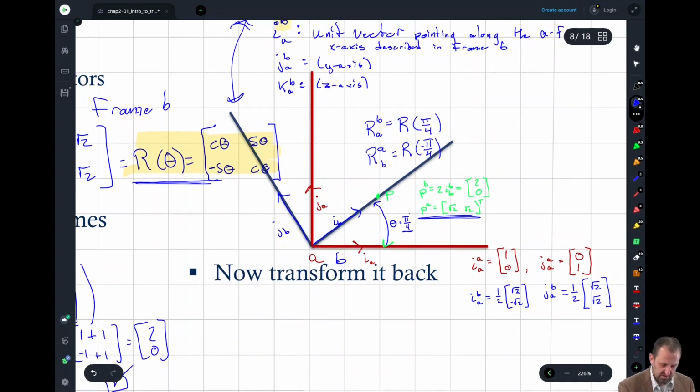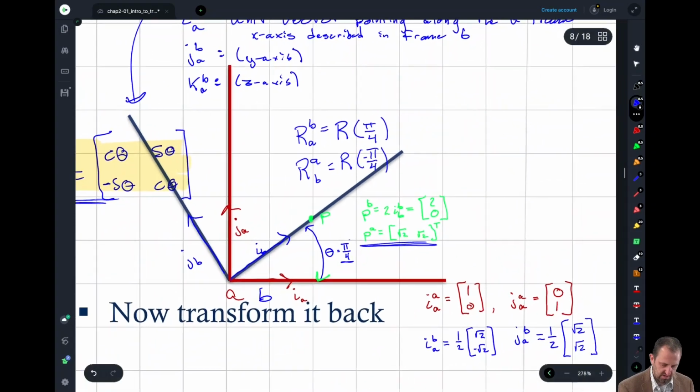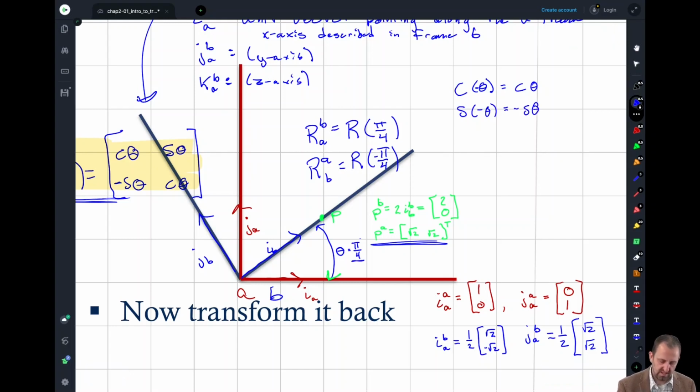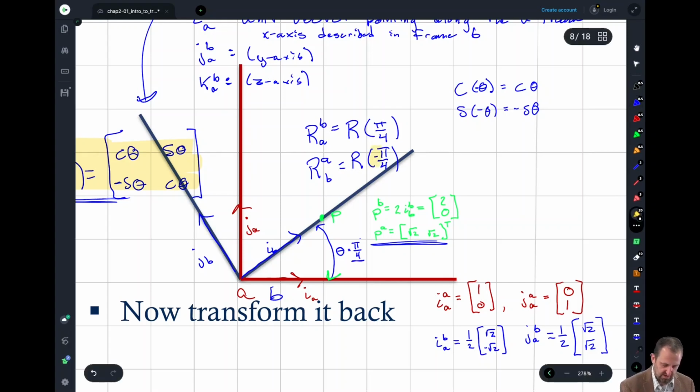One simple thing to note is that the cosine of minus theta is still going to be equal to the cosine of theta. It's the exact same thing. Sine of negative theta, since it's an odd function, we'll get the negative sine of theta. That's a really nice property. So now note that we're just putting in this minus sign right here.